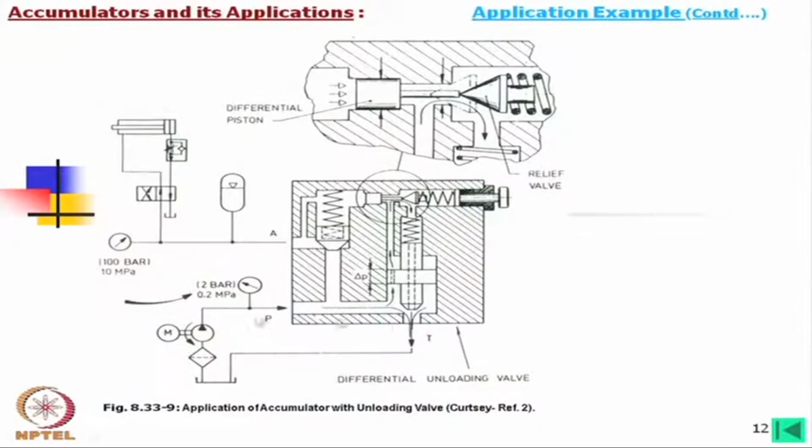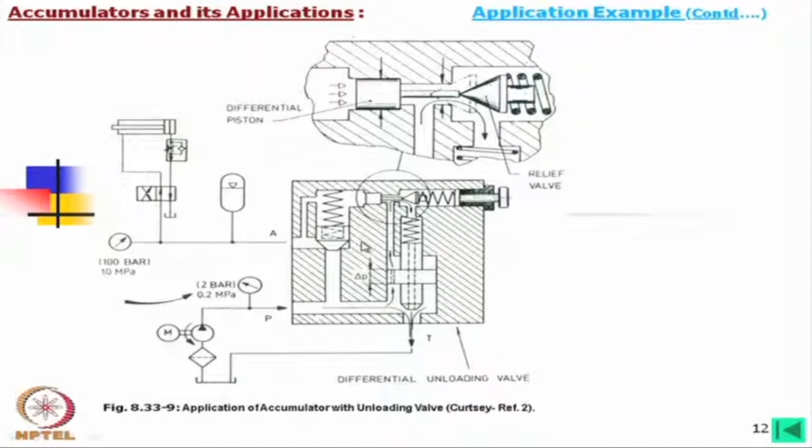So, another option is that we can use a 4/2 valve, that is an on off type valve. It is changing the directions and on off, there are no intermediate positions. If you use this valve, there is also a flow control valve depending on the requirements. Then what we can do, we can put an accumulator here, and this is our unloading valve.